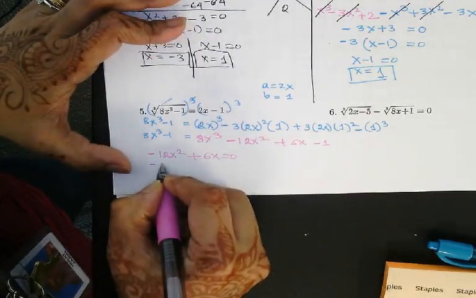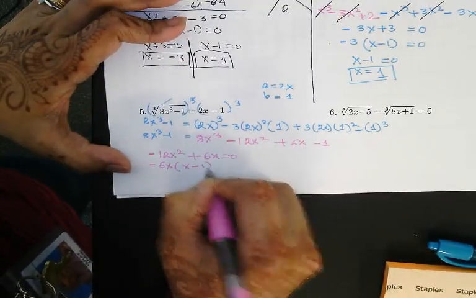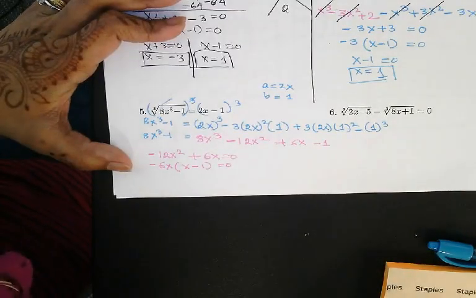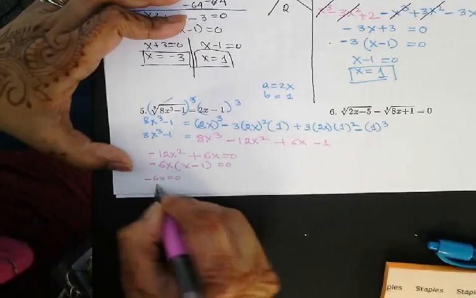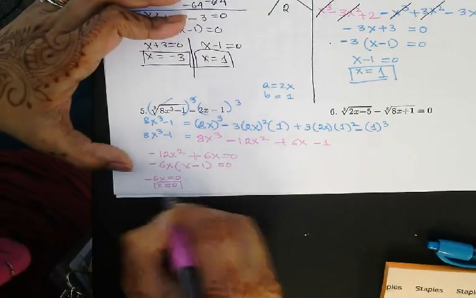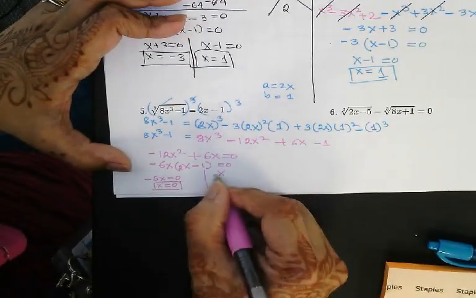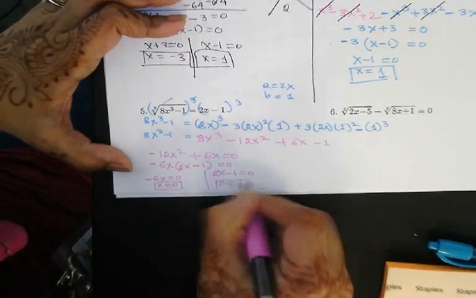We're going to take the GCF of negative 6x. So it's going to be 2x minus 1 equal to 0. Now you have to set both of them equal to 0. So negative 6x is going to be equal to 0. x is going to be equal to 0. That's one value. And the other one is 2x minus 1 equal to 0. So x is going to be equal to 1/2.